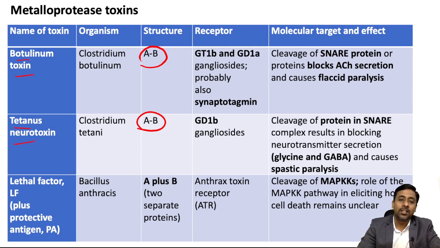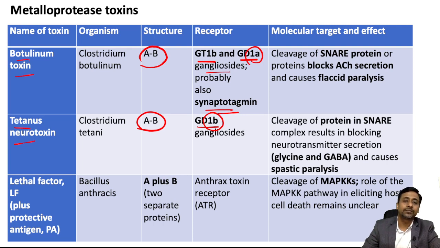The only toxins which have more than one B subunit are cholera toxin, heat labile toxin, and pertussis toxin, which have 1A and 5B subunits. The receptor for botulinum toxin is GT1B and GD1A gangliosides, and probably also synaptotagmin. For tetanus neurotoxin it is GD1B. So GD1A is the receptor for Clostridium botulinum, and GD1B is the receptor for tetanus neurotoxin.